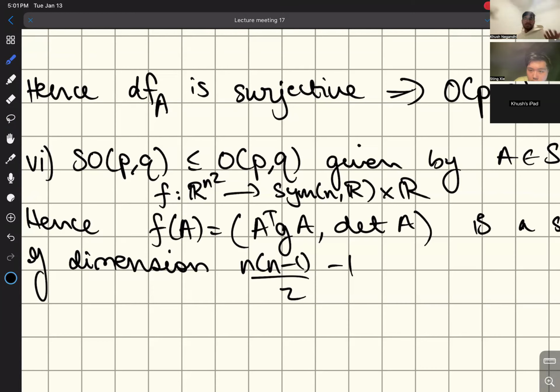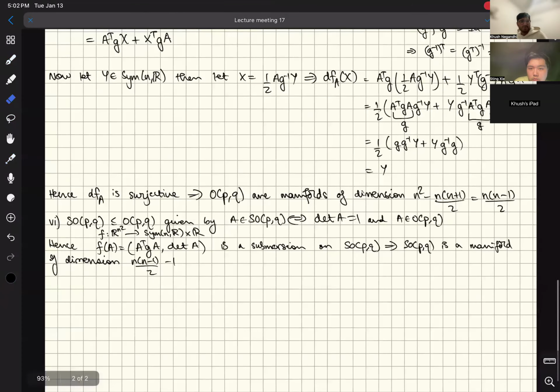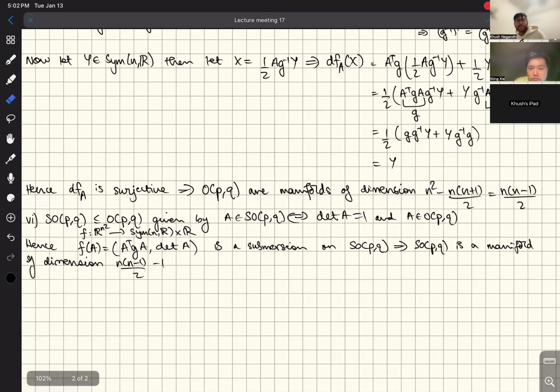This is a manifold. You can convince yourself of this because again, it's a vector space, so it must be a manifold. Okay. So, are there any questions for why the special orthogonal groups are Lie groups? Does it at least make sense?